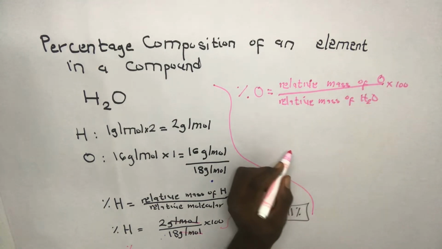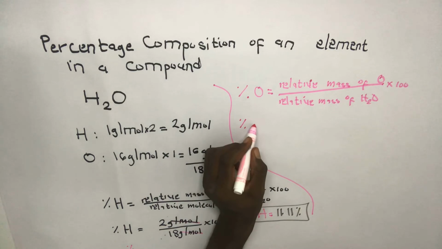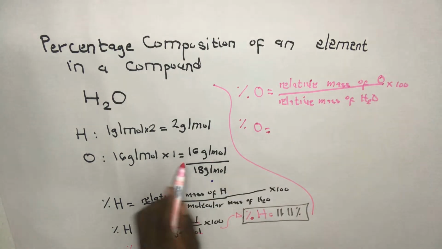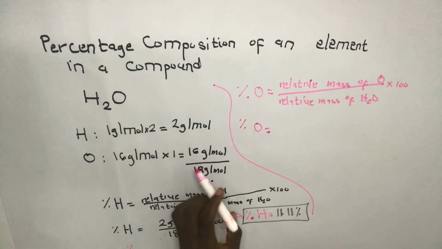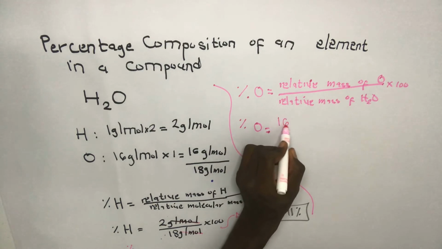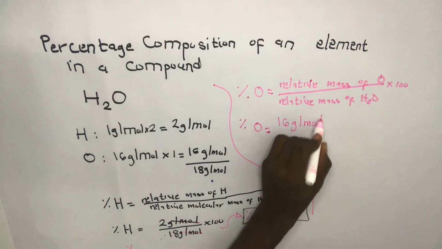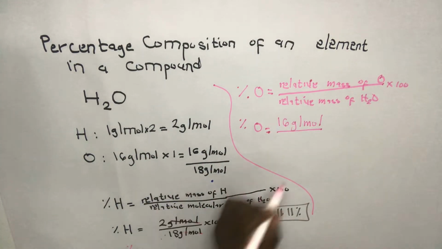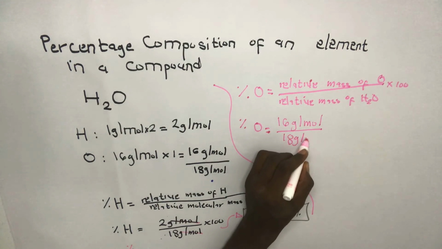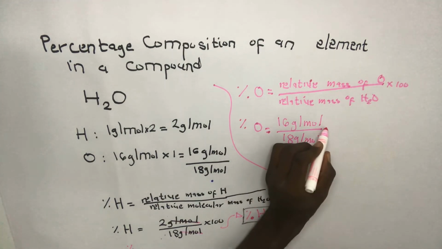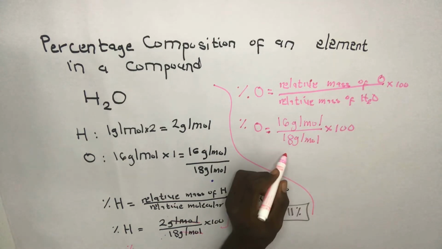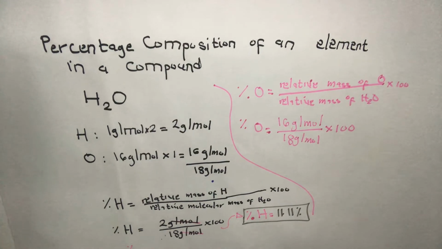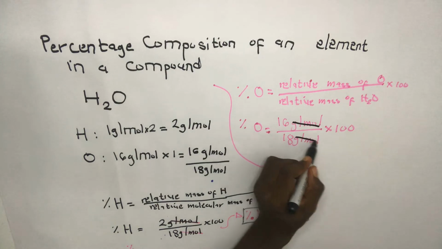The relative mass of oxygen in our analysis is 16 grams per mole, and the relative mass of water is 18 grams per mole, all times 100. Now we see that we have units that appear both in the numerator and the denominator. Grams per mole cancel grams per mole.